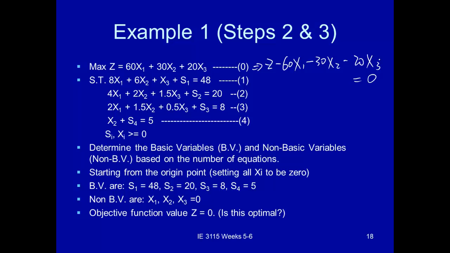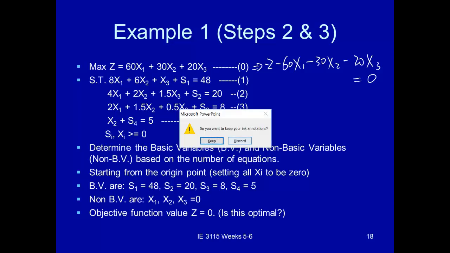And in the table, we're only going to put the coefficients of our variables. So the coefficients we put in will be 1 for z, negative 60 for x1, negative 30 for x2, negative 20 for x3, and 0, 0, 0, 0 for s1, 2, 3, 4. We can just skip them.